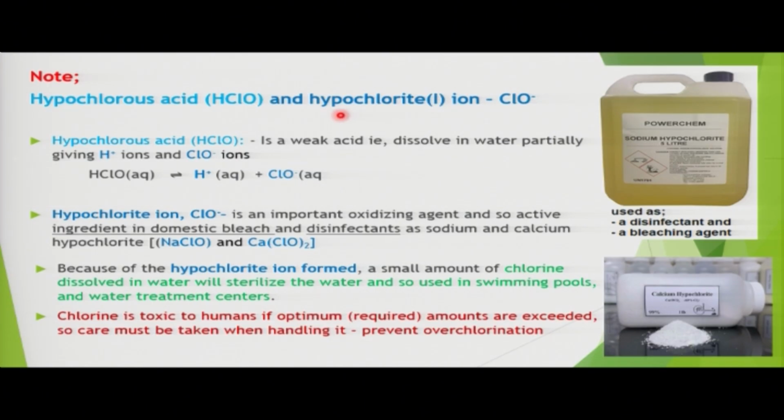Example here is the hypochlorite in presence of chlorine. This is actually a good oxidizing agent, and that's why it is used in much of the oxidizing or disinfectants. For instance, calcium hypochlorite and sodium hypochlorite. It's used in water treatment centers and swimming pools. They normally add that component in there. You see it is an oxidizing agent, so it kills all the microbes.